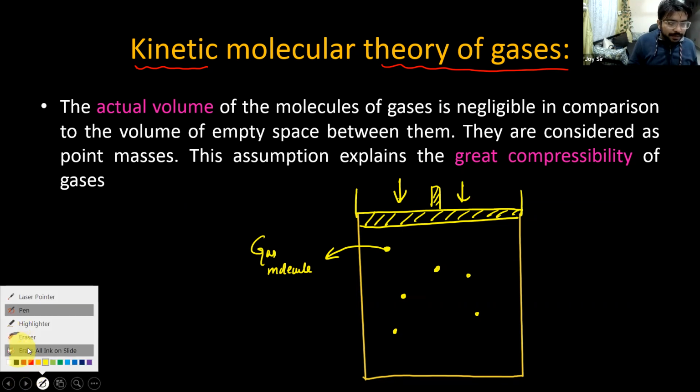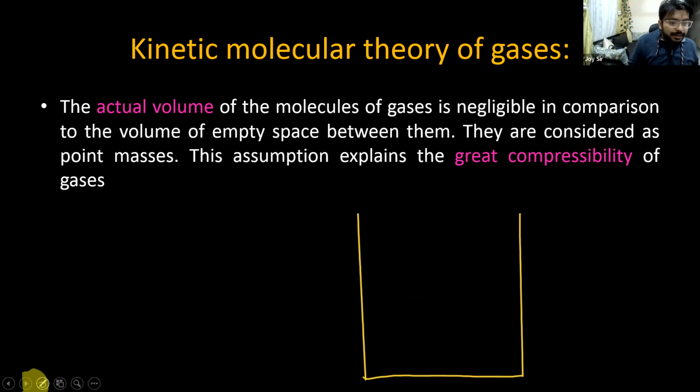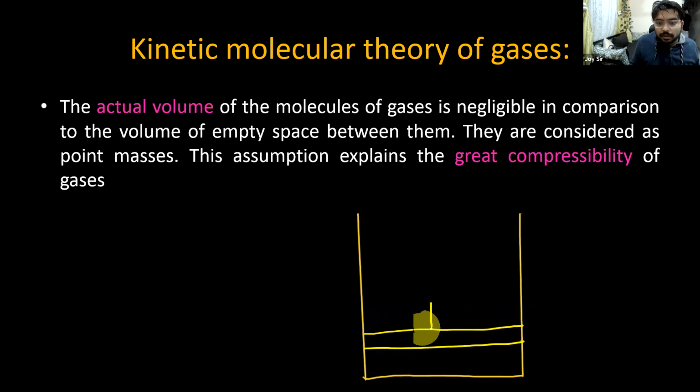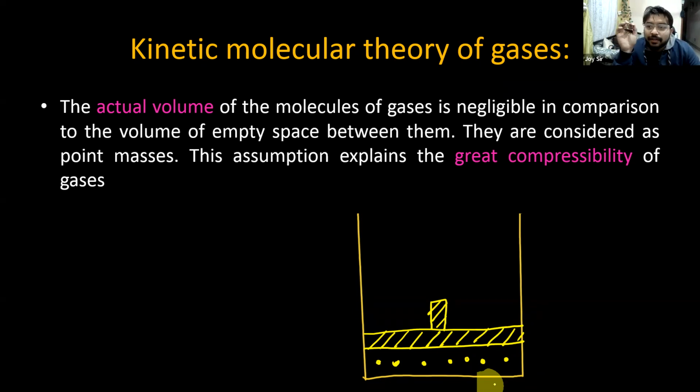Suppose the piston has come down to a level, and now the gas molecules have all come very close to each other. Now the volume available is so small that you cannot say the molecule's volume is negligible.